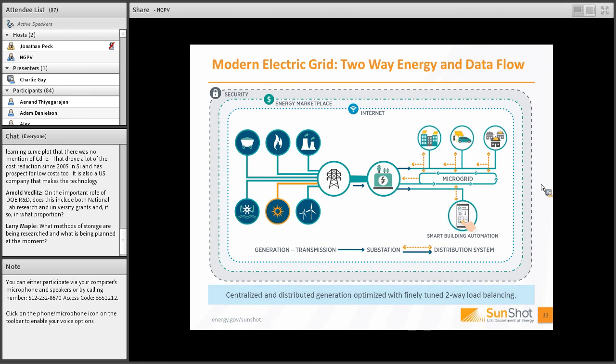This grid modernization work that we do is joint between the solar group and the Office of Electricity. The solar group is in a collection of activities called Renewable Power. So my colleagues are in water, wind, and geothermal. And then we as a group are reporting into the head of energy efficiency and renewable energy in the DOE.